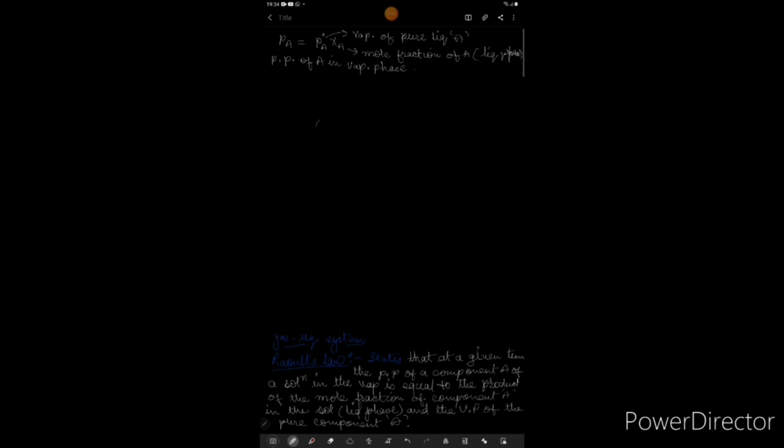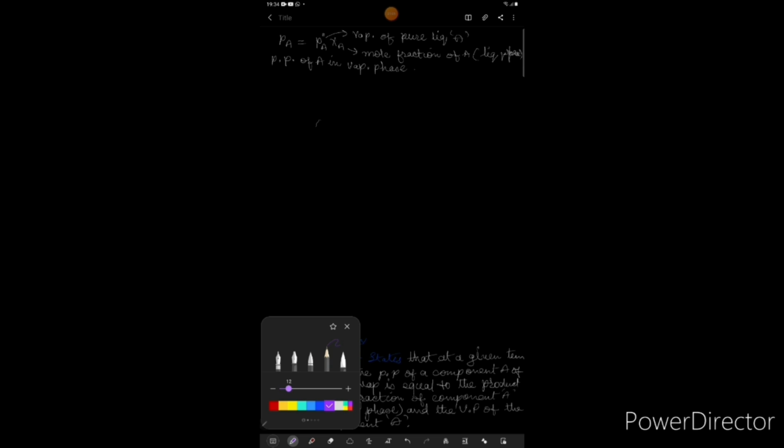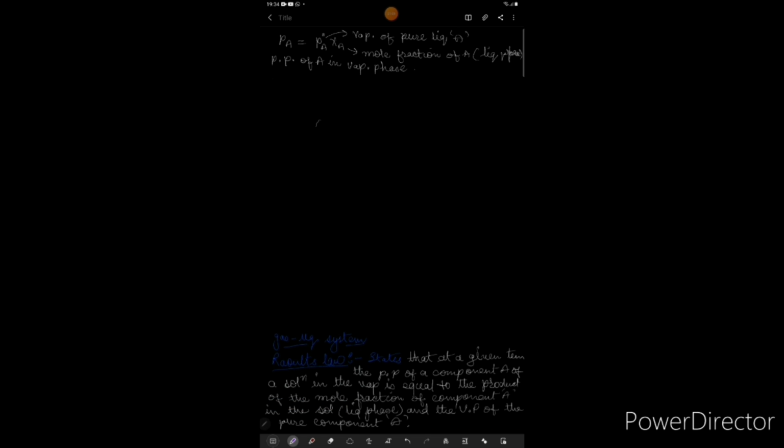For a volatile component in vapor, if the volatile component is present in vapor, then YA is equal to PA by total pressure, this one, and from above PA is equal to pure component vapor pressure into mole fraction, divided by total pressure.